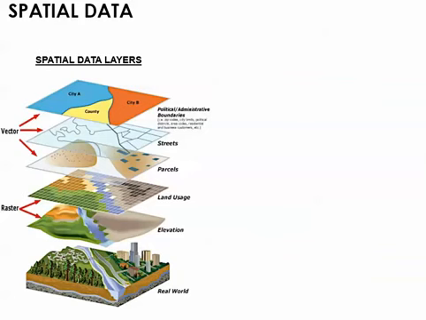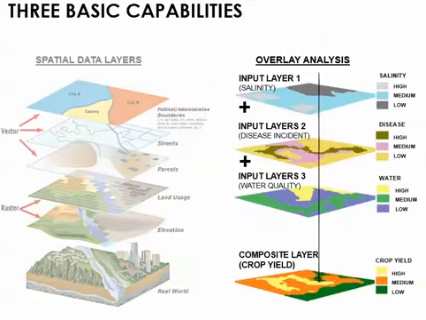So all of these types of spatial data, which we refer to as spatial data layers, vector and raster and the attributes that are attached to it, can be overlaid and manipulated using GIS. Overlay analysis is a major part of GIS analysis. So for instance, if we want to take all of our spatial data layers to conduct an overlay analysis to perhaps study a crop yield, you would overlay layers to create a composite layer.